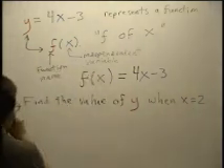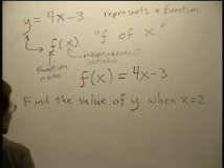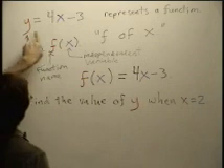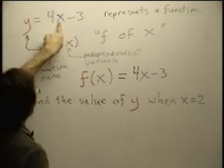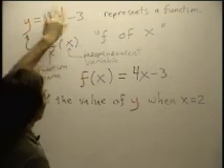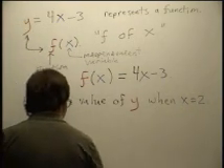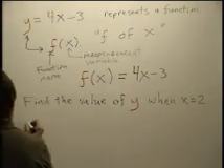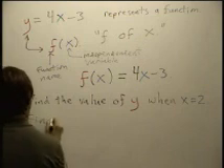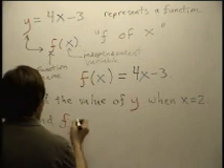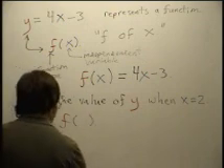So if we say find the value of y when x equals 2, we know that that means in this equation we substitute a 2 in for x, and then we do the calculations to determine what y is. I can ask the same question much faster if I'm using function notation.